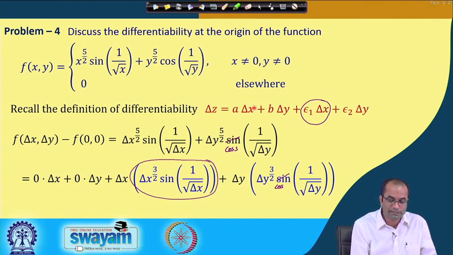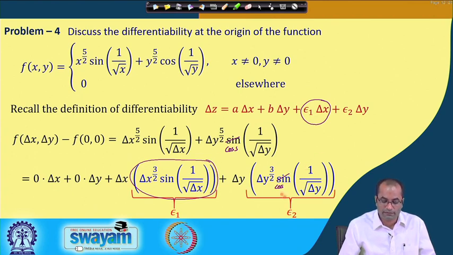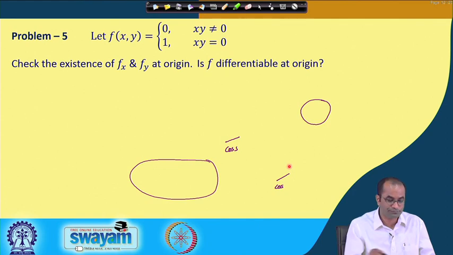In this case we have expressed this delta z in this form, where this is your epsilon, which has the property that it goes to 0 when delta x, delta y go to 0, because of this term here, delta x with the positive power 3 by 2, and this is a bounded function. So, this will go to 0, and here again the same argument with the cos function, this will also go to 0.